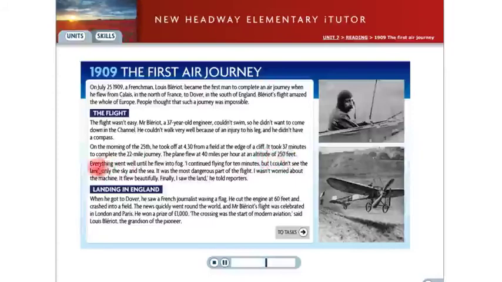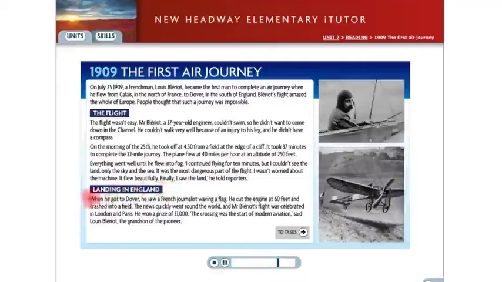"I continued flying for 10 minutes but I couldn't see the land, only the sky and the sea. It was the most dangerous part of the flight. I wasn't worried about the machine. It flew beautifully. Finally, I saw the land," he told reporters.